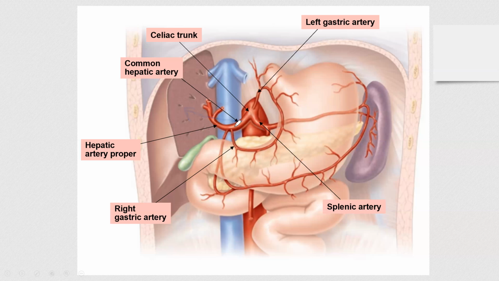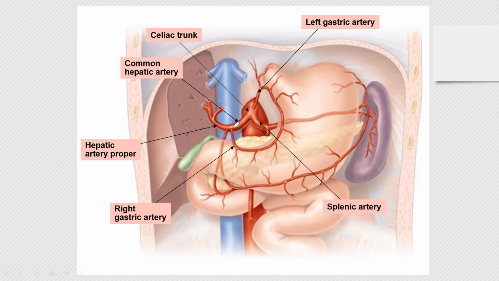Then common hepatic has another branch, and this one is right gastric artery. Right, so this is right gastric. So left gastric and right gastric then have anastomosis between each other, so they supply the stomach.